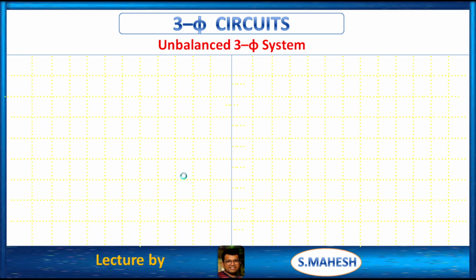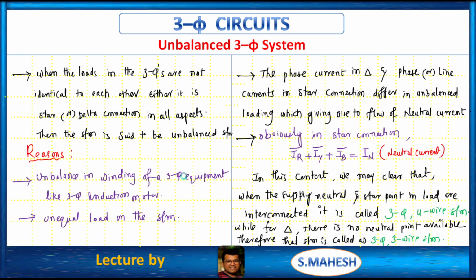See, why are we getting this unbalanced loading? Due to unbalance in the winding of a three-phase equipment like a three-phase induction motor, and unequal load on the system. It means the phase currents or line currents or phase voltages or line voltages are not identical to each other, whether in magnitude or phase sequence, both are unequal.